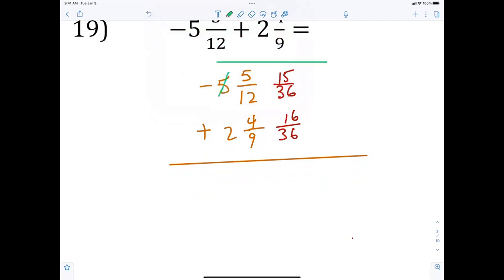You add 36. Exactly. What's 36 plus 15? Add 10, then add. Yes. Perfect, buddy. Now subtract. 35 over 36. Yep. And then 2 is 2.